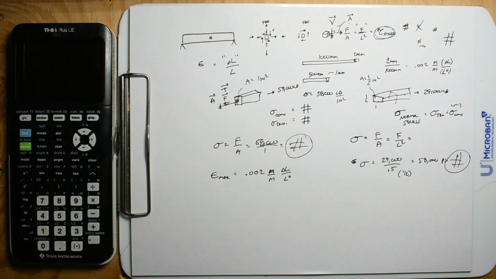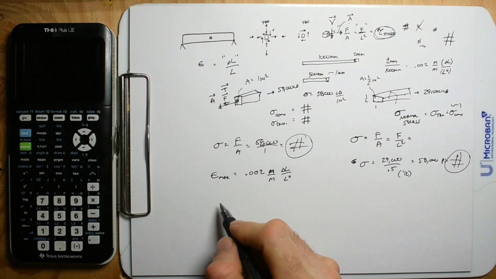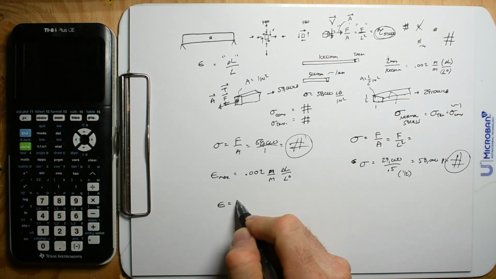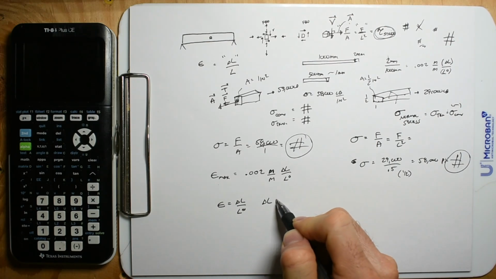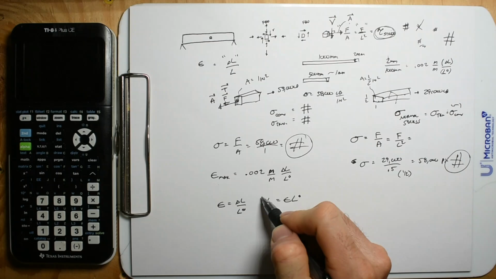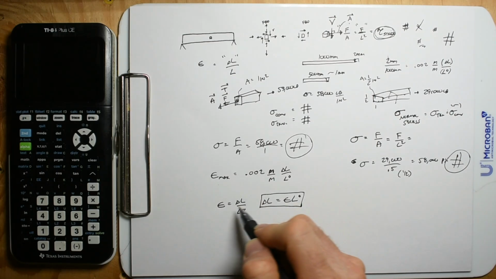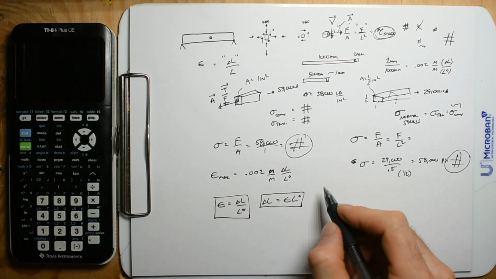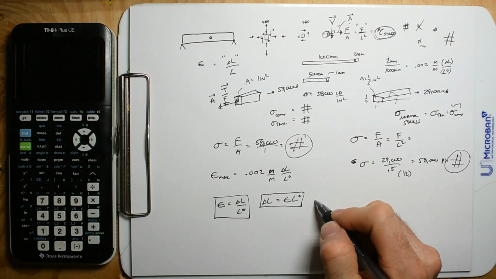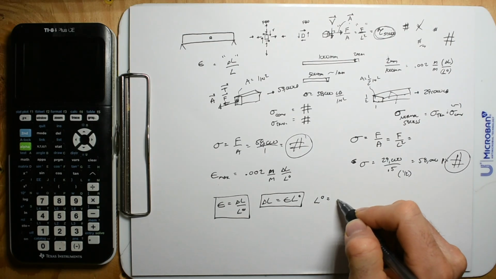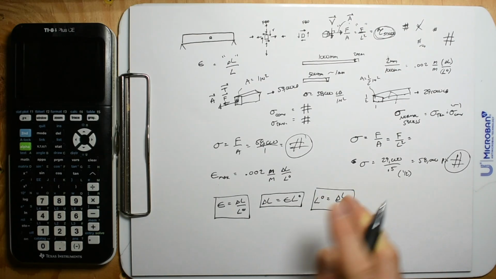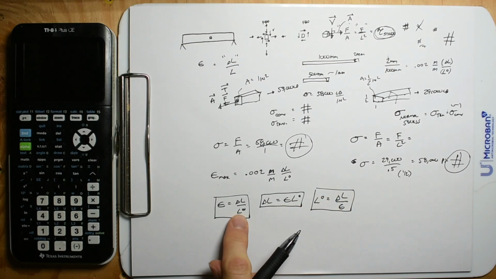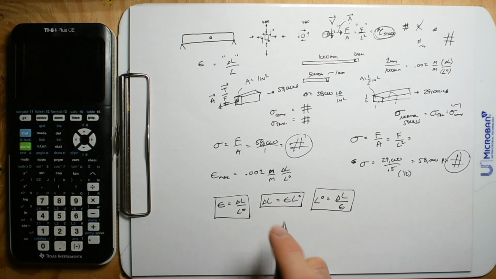This is an equation of three things. Strain is change in length per initial length, so I could rearrange for change in length as strain times initial length. This one gets used a lot in our derivation. And probably an unlikely candidate to get used would be initial length is change in length divided by strain. But at least you have an equation with three different values, so you can rearrange and solve for three different terms.